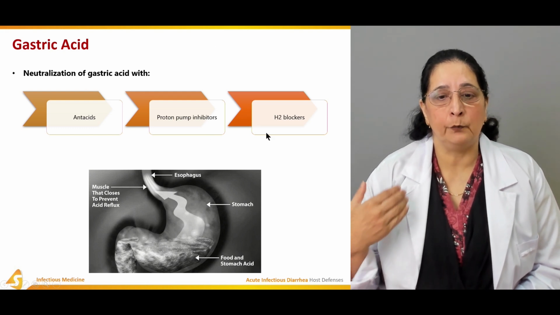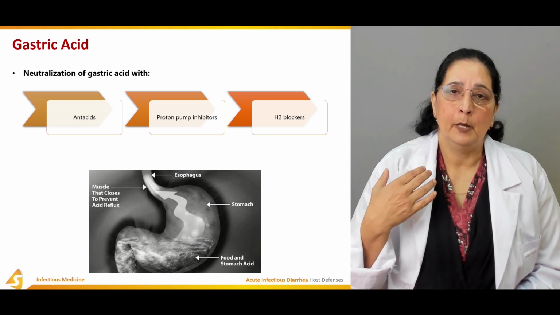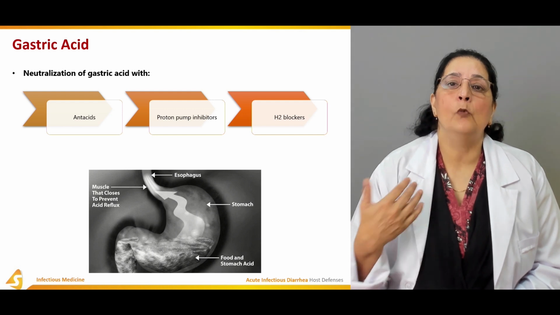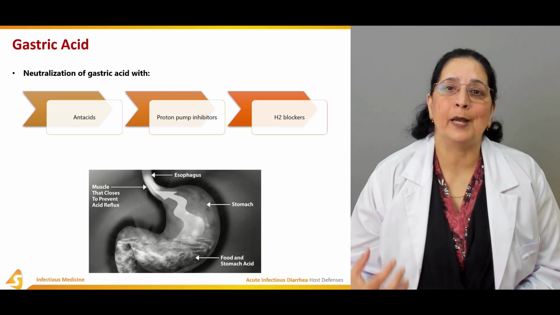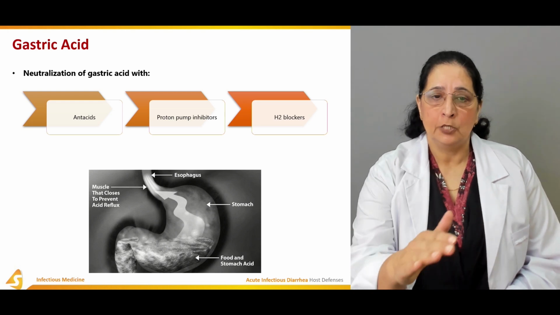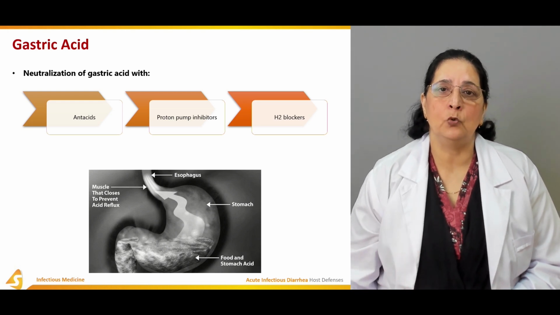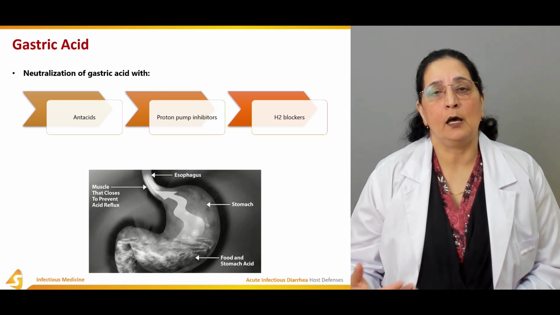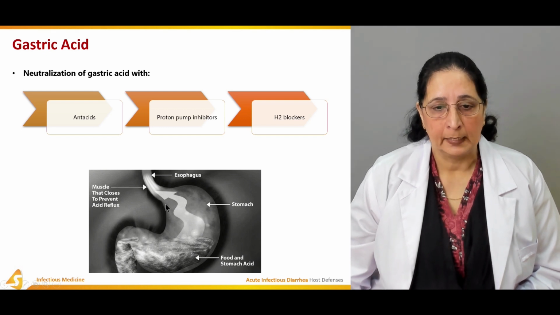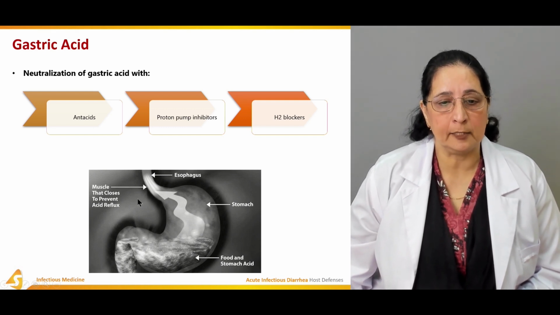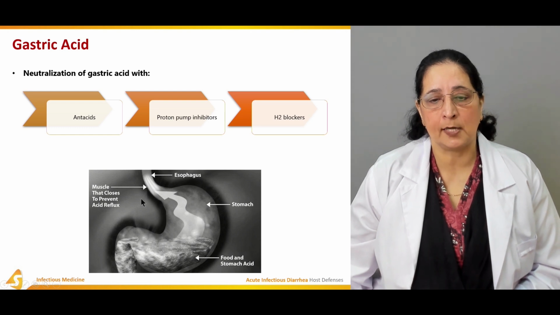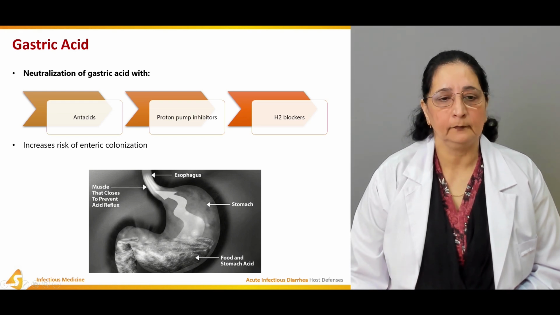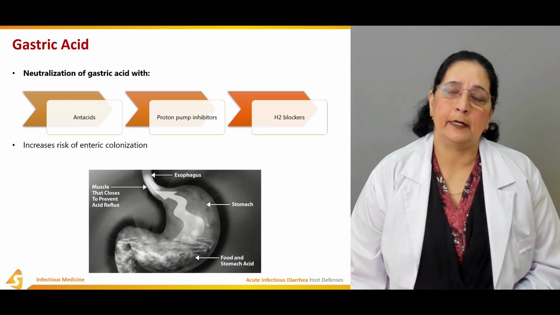And we already mentioned that a person who has less gastric acid is more prone to colonization by pathogenic microorganisms. So indirectly, patients who are taking these drugs for decreasing gastric acid production are more prone to infections. This is the esophagus muscle that closes to prevent acid reflux of food and stomach acid. It increases the risk of enteric colonization.